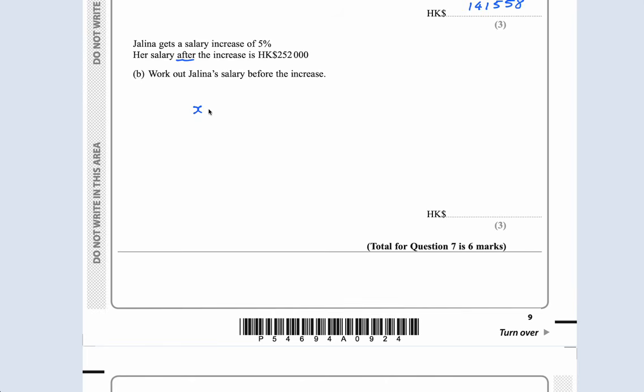It's going to be X times what would I multiply by to increase by 5%? Well, I multiply by 1.05. That's a multiplication sign, guys, by the way. I'm not using the cross because I don't want to confuse it with the X. So it's 1.05. And it's only 1 year, so it's just to the power of 1. So this something, her original salary, times 1.05, now equals 252,000.